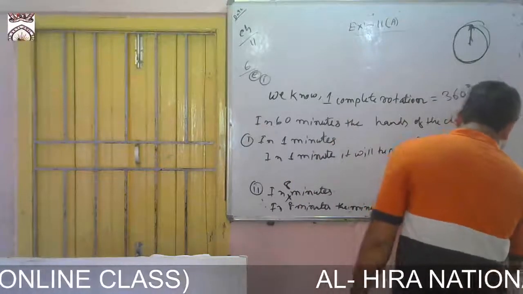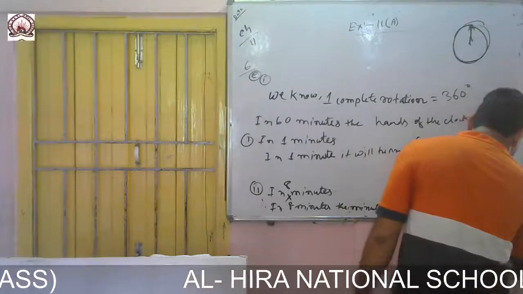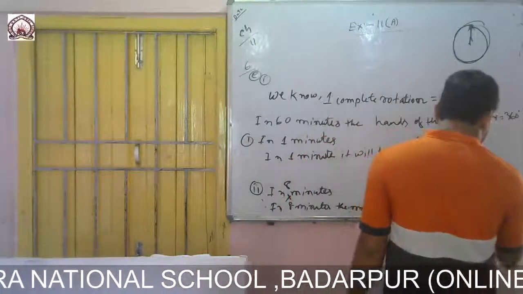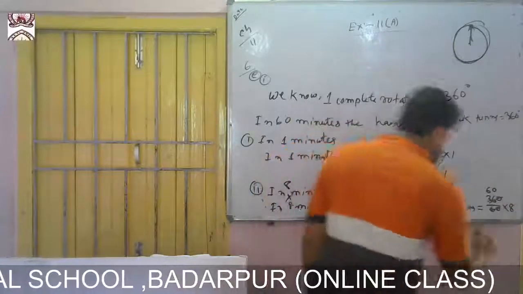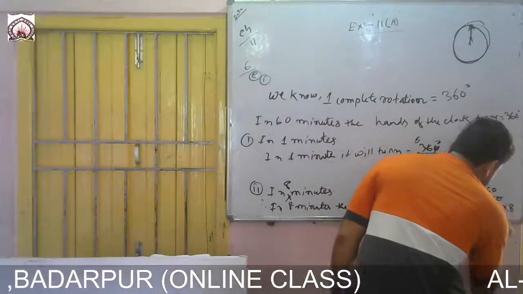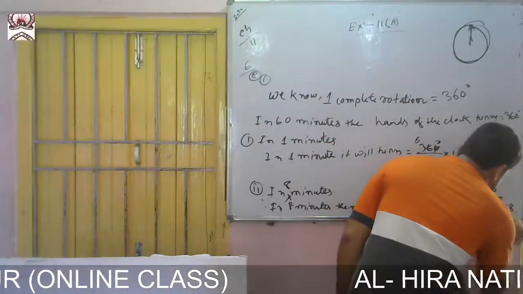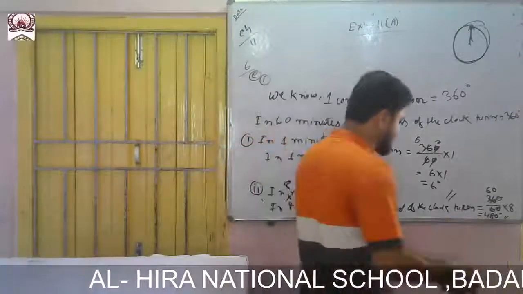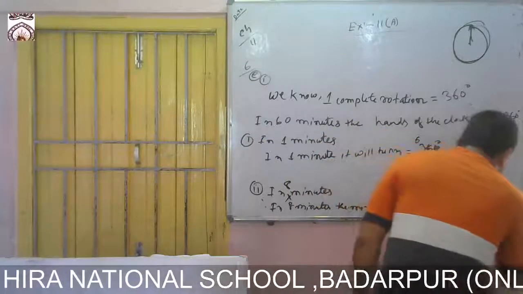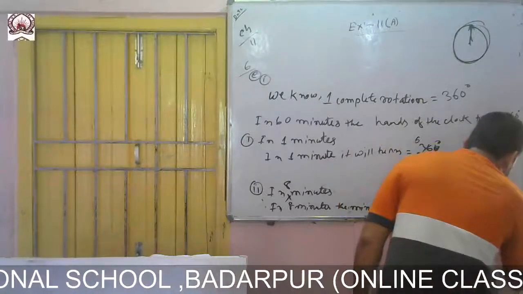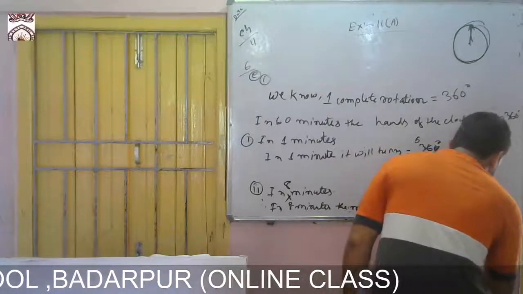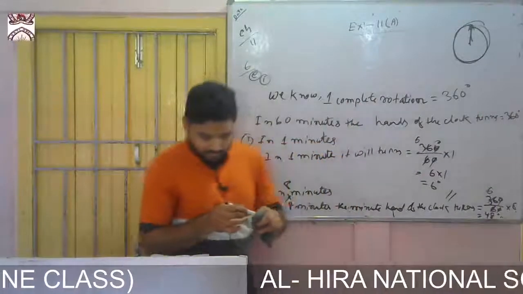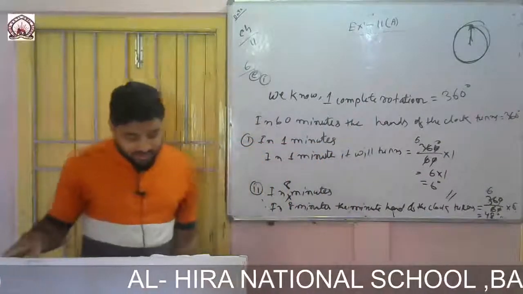It is 360 by 60 into 8. 0 0 cancel. 6 6s are 36, it is 48 degree. Here 48 degree.